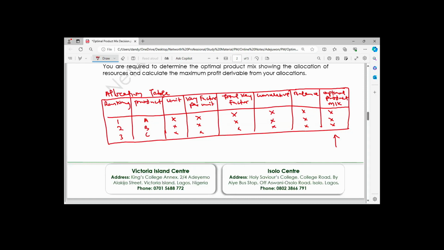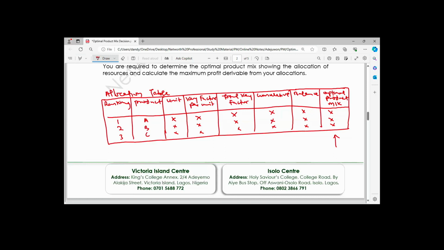However, where you have given minimum allocation, there will be 2 categories of units that will make up the production plan. The first one will be your minimum allocation, plus the addition that you are going to produce through the optimal product mix you have in this last column. All right. So that's how to determine the optimal production mix.